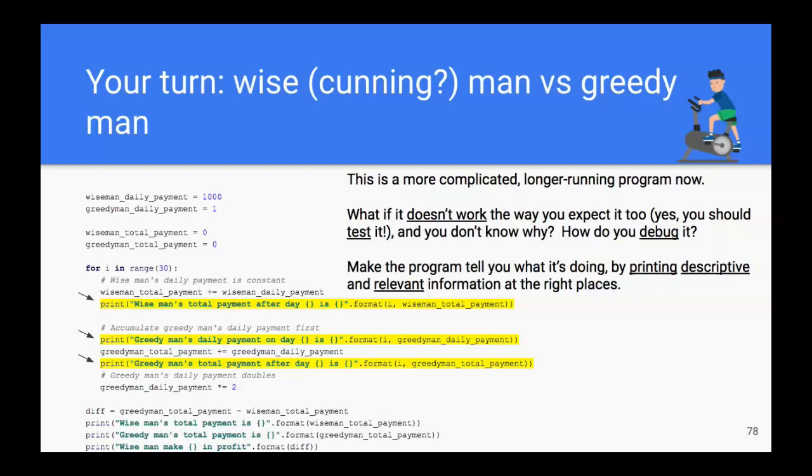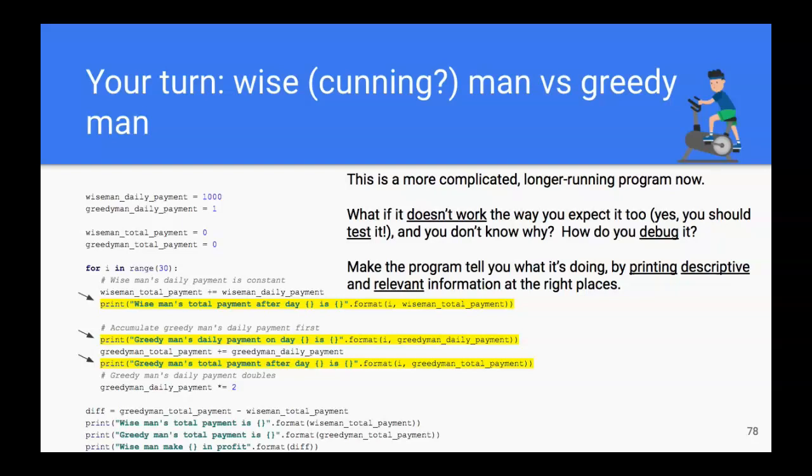So let's say you do your testing and you find out something doesn't work and you have no idea why. How do you debug it? How do you try to figure out what's wrong and try to fix it? Well, one of the very, very common techniques for debugging is to make your program tell you what it's doing. And how do we do that? Well, we put in print statements.